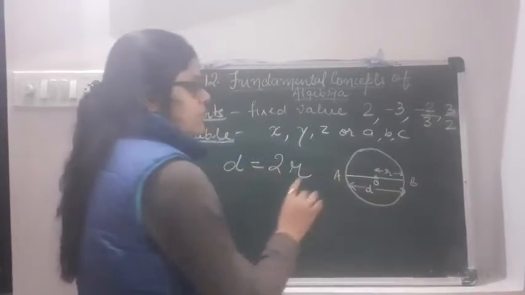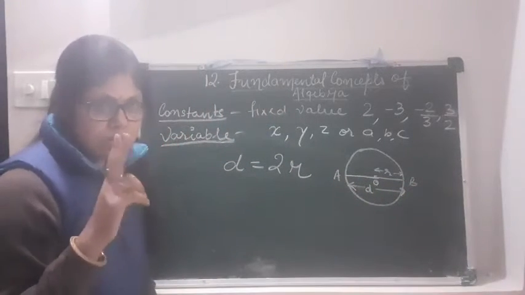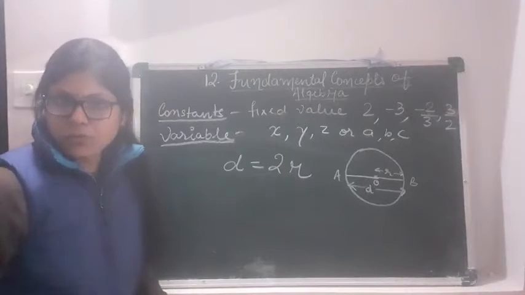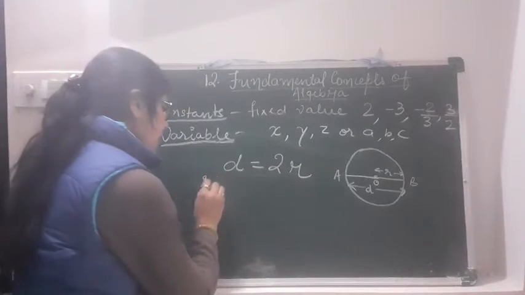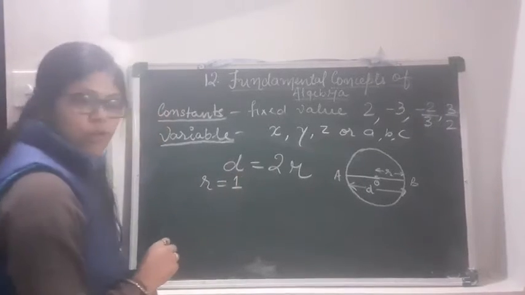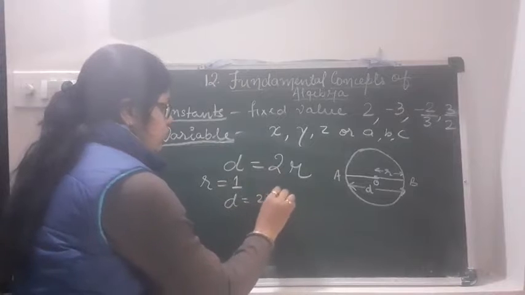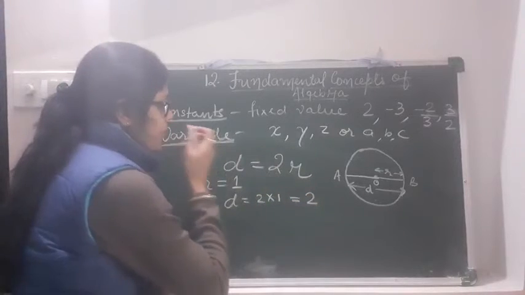That means diameter will be equal to R plus R, that is 2R. If you have to find the value, when you put R equals 1, what will be the value of the diameter? It will be 2 into 1 equals 2 centimeters.